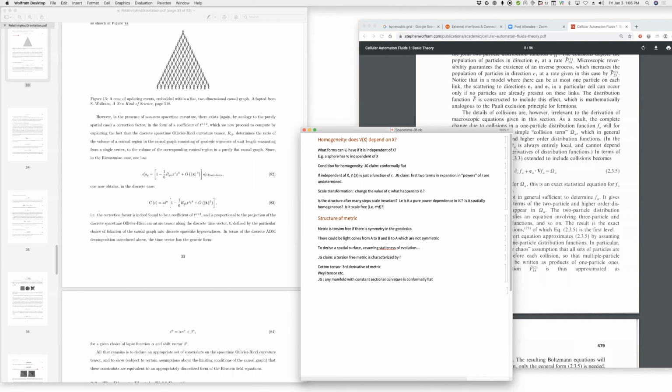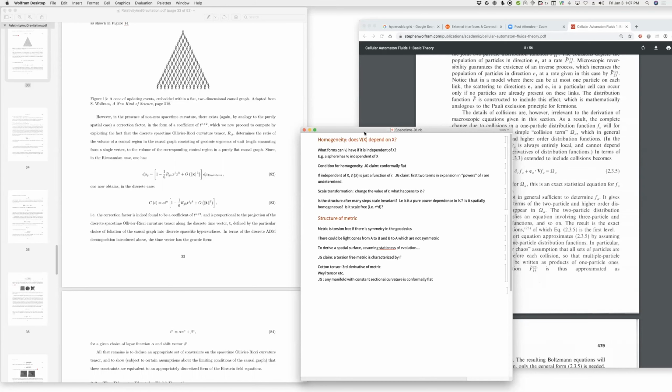We have a quantity that somehow is varying from cone to cone as we go across the space. But there's a limit to how much variation there can be because there is a connection between cones as a result of the fact that they have lots of overlap.